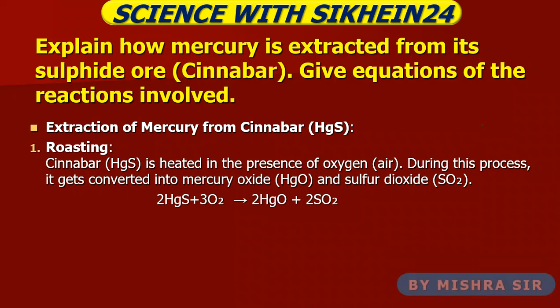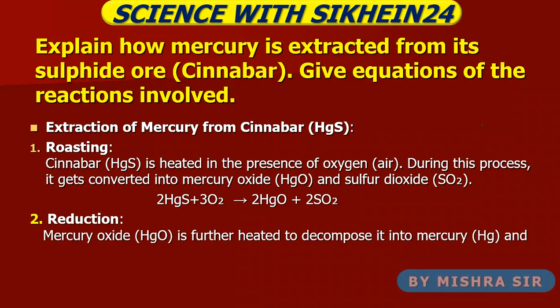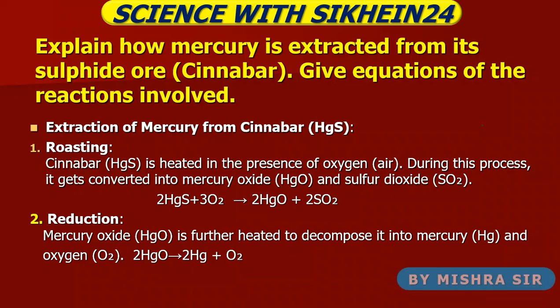HgS plus 3O2 is the balanced equation, so we get mercury oxide and sulfur dioxide. Next, reduction: mercury oxide is further heated to decompose it into mercury and oxygen.